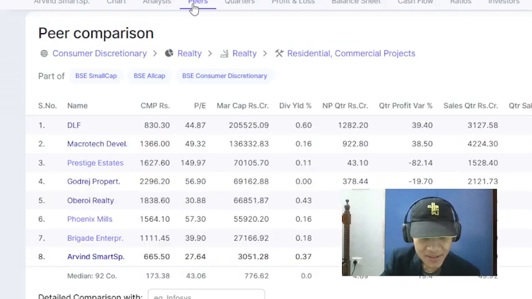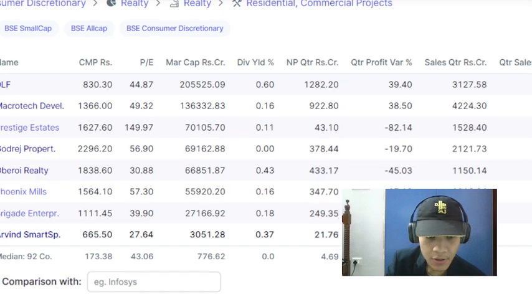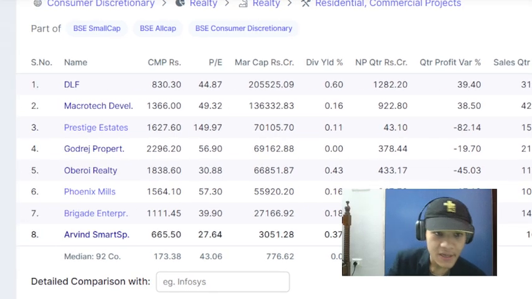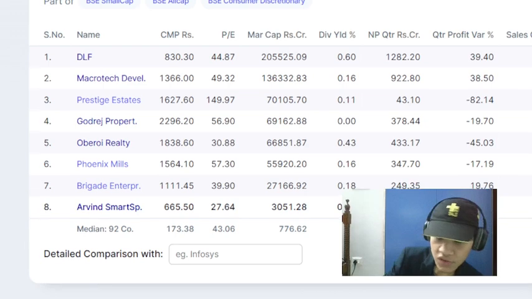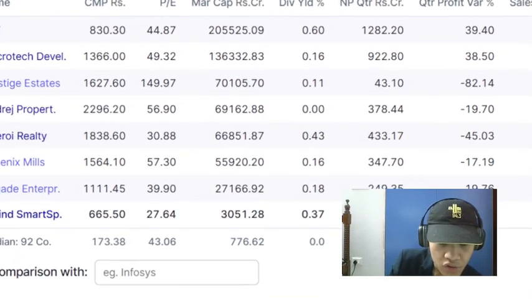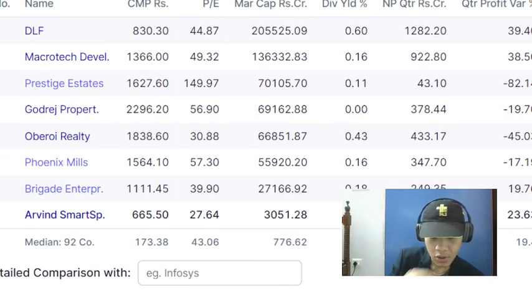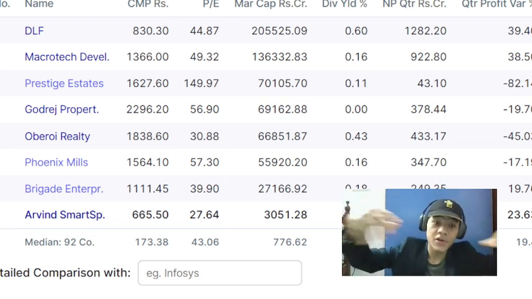In the peer section of Screener, a very useful app, we can see DLF, Macrotech, Prestige Estates, massive, very well known, popular real estate companies. Arvind Smart Spaces has a PE of 27 compared to a median PE of 43 among the 92 companies in this category that Screener has grouped.